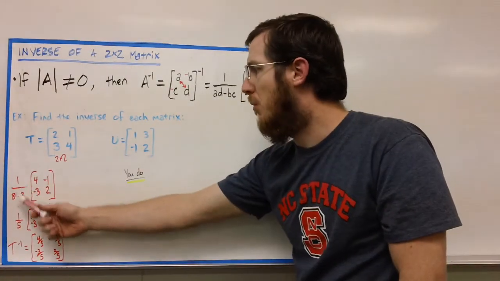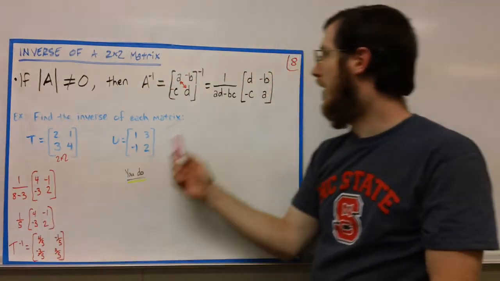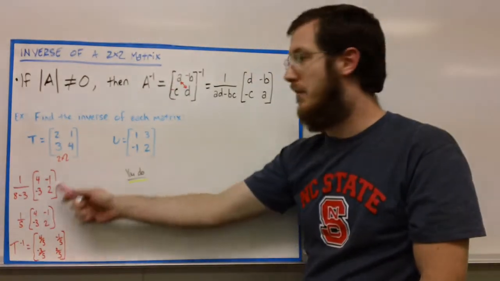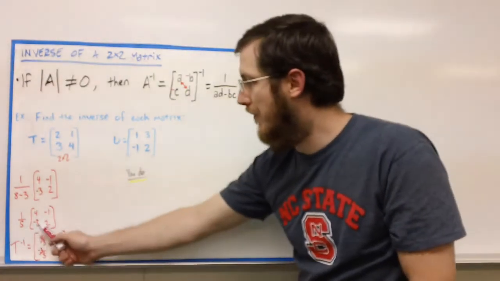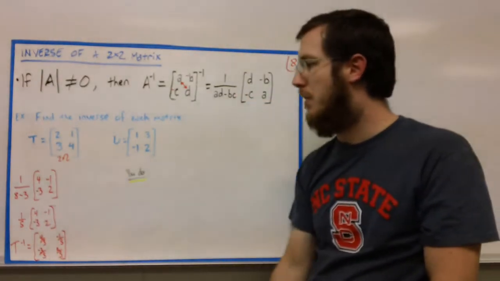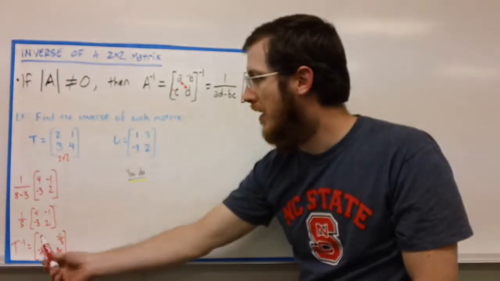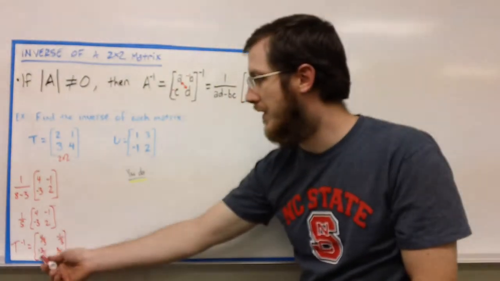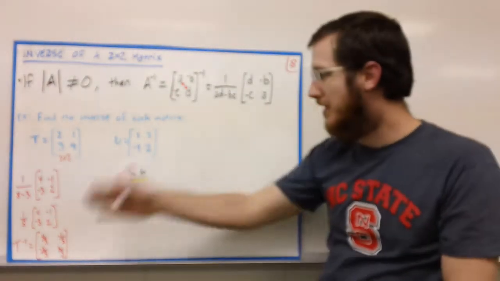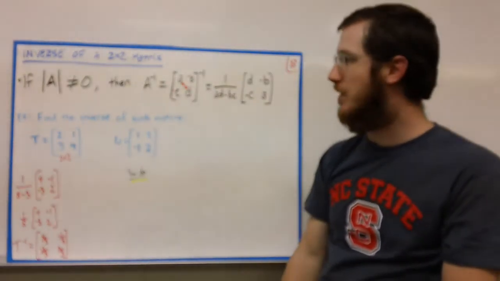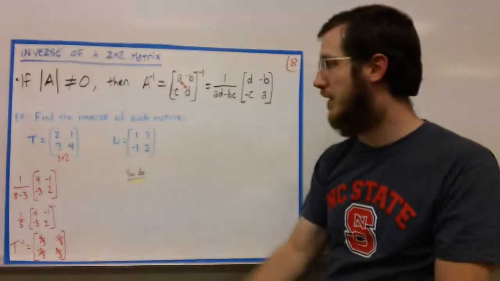So we take 1 over that determinant, and then we switch places of our 2 and 4, and we take the opposite of our 1 and 3. So 1/5 times that new matrix. So our inverse for T is 4/5, -1/5, -3/5, 2/5. Still a 2 by 2 because our inverses are the same order as our original matrix.